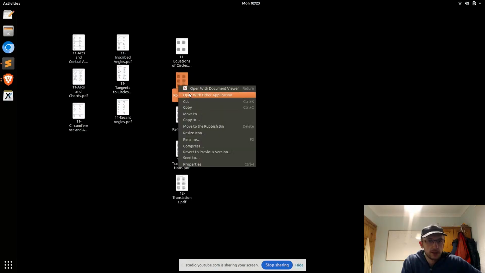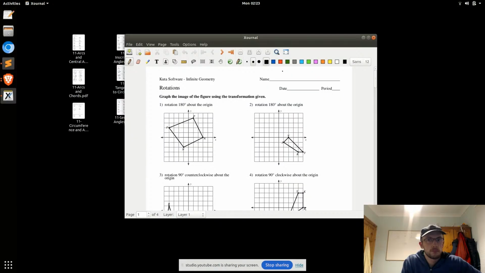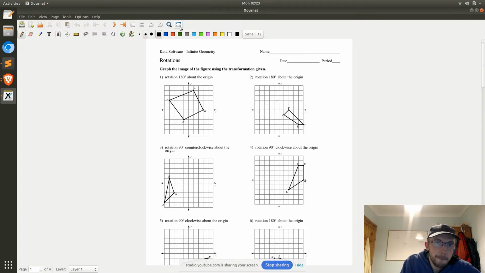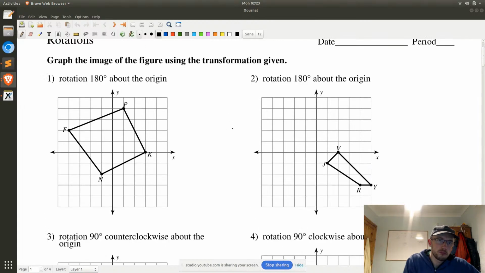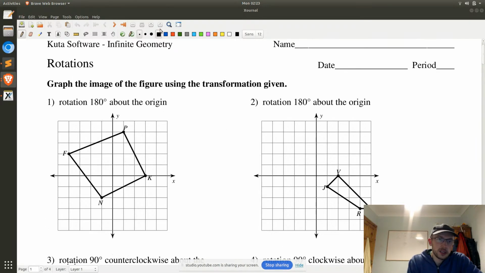Okay, rotations next. Rotated 180 degrees about the origin. All right, so what will that look like? Okay. B goes there.